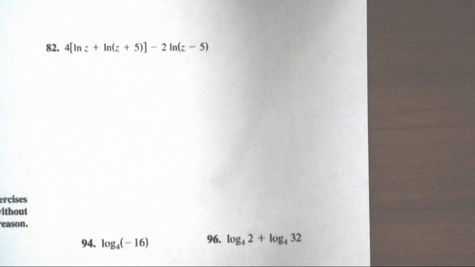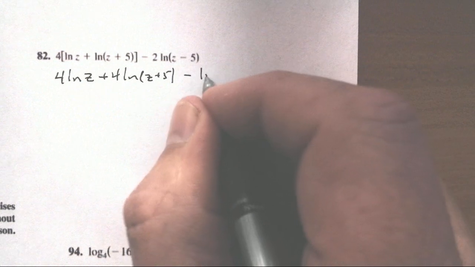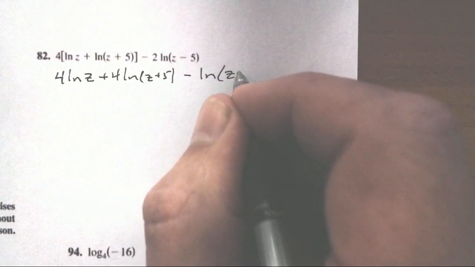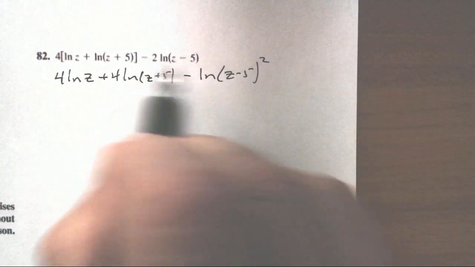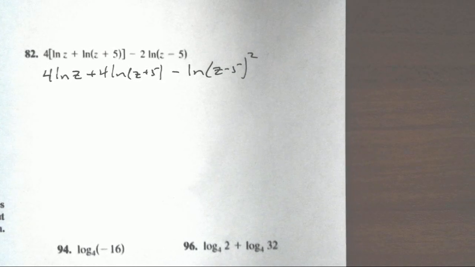And 82. I think I'm going to distribute this 4 in here. 4 ln z plus 4 ln z plus 5 minus ln z minus 5 to the 2nd, with rule 3. I'll rule 3 these as well.